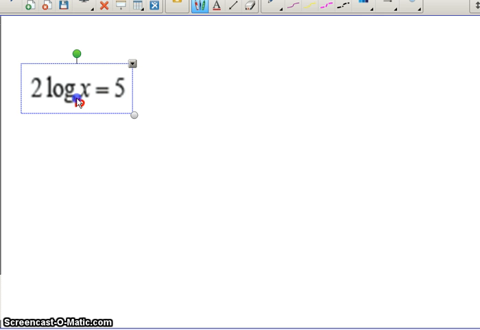We need to get the log by itself before we can undo it. So we are going to divide both sides by 2. That's going to give us log base 10 of x equals 5 over 2. Now what we're going to do is exponentiate both sides.